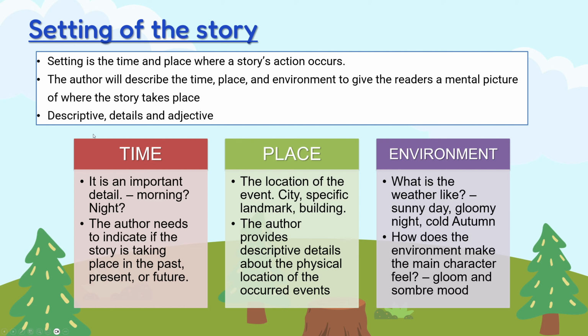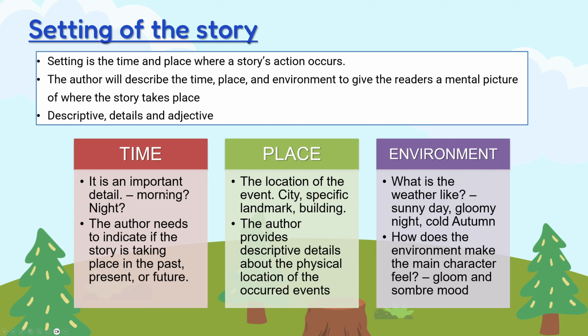Right. So I think I mentioned just now, setting is a place and time. The author will describe the time, place, and environment to give the readers a mental picture of where the story takes place. When you give the setting, they can imagine what the place looks like. So a setting should be descriptive, with details, and include adjectives. For example, time is an important detail.